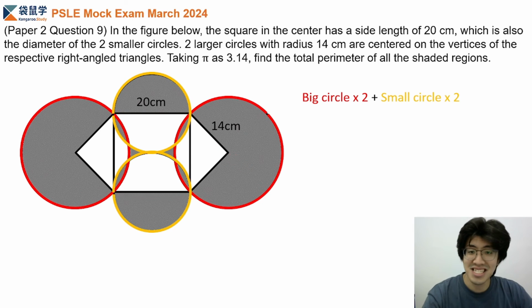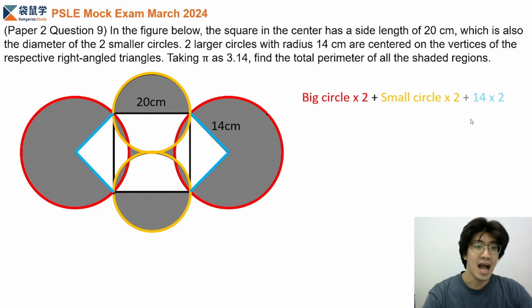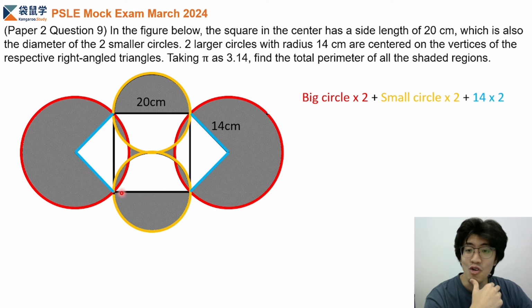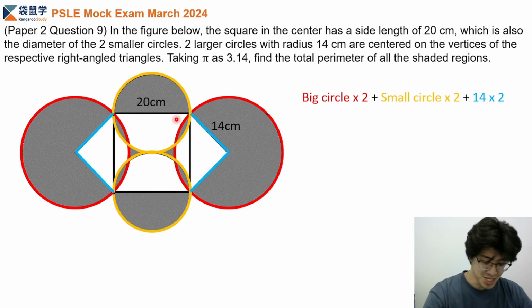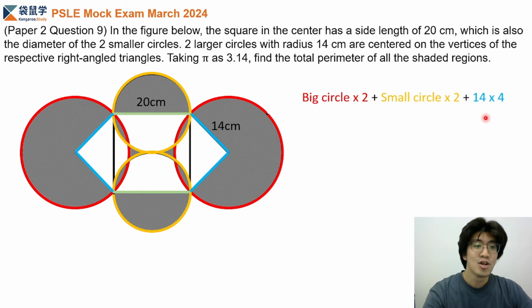Yes, we know exactly: 14 centimeters. Since there are 4 of them, I have to add 2 times 14. But that's still not all of it. There are still 2 more horizontal lines that are the side of the shaded region. So what is this dimension? 20. So I still have to add 2 times 20, the green lines. So that includes all the perimeters of the shaded regions.